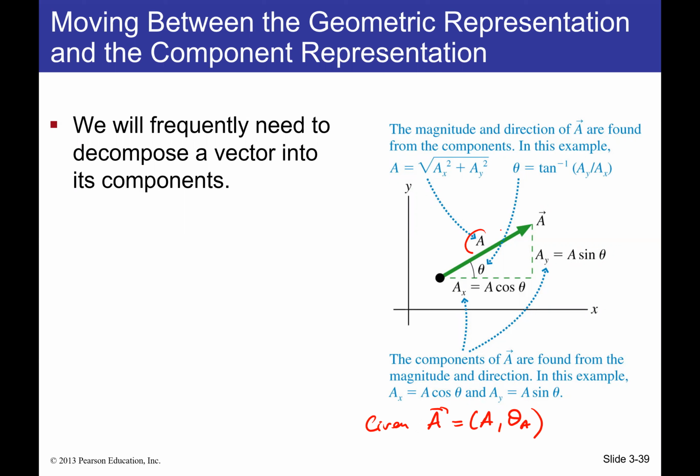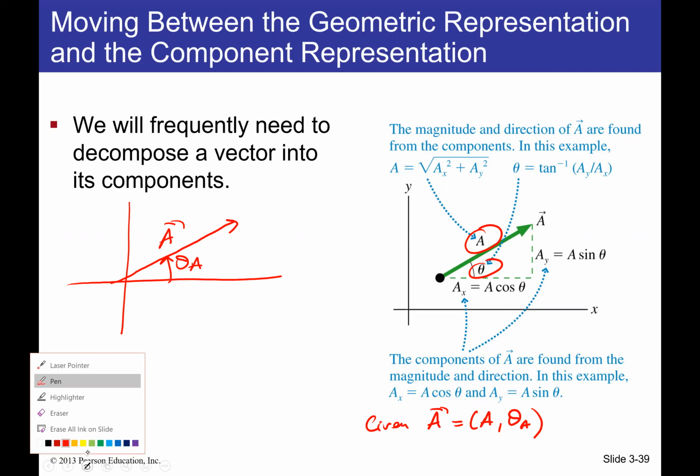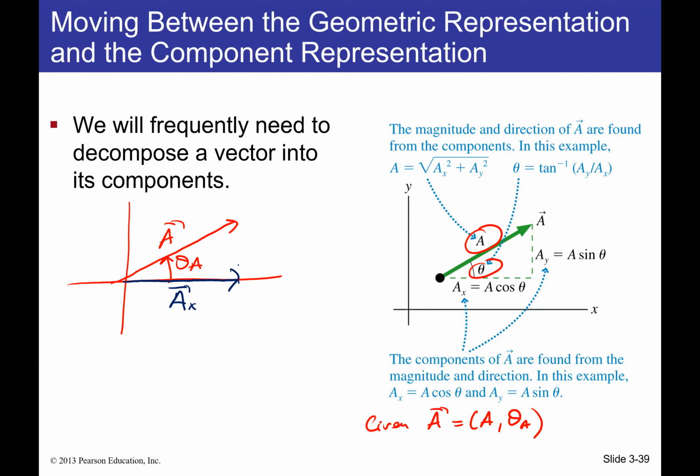That means I know what this vector A is, and I know what the direction of A is. If I'm given that information, then this is vector A, and this is theta A. I can use that to break vector A down into components. So here's Ax and here's Ay.